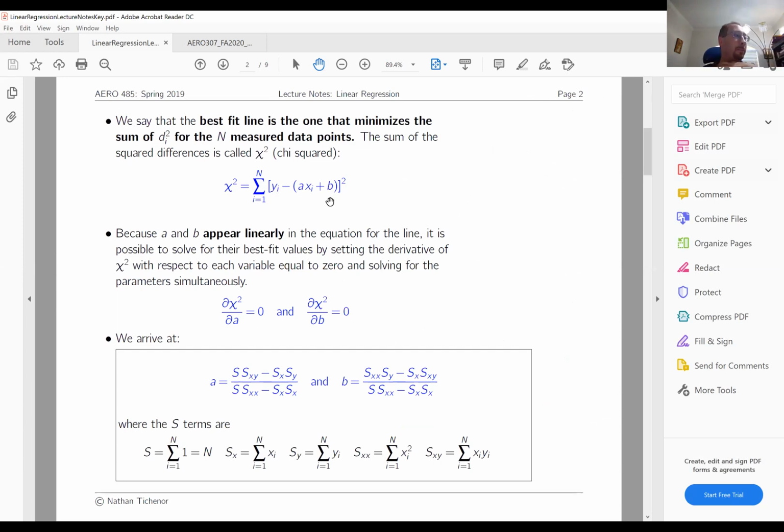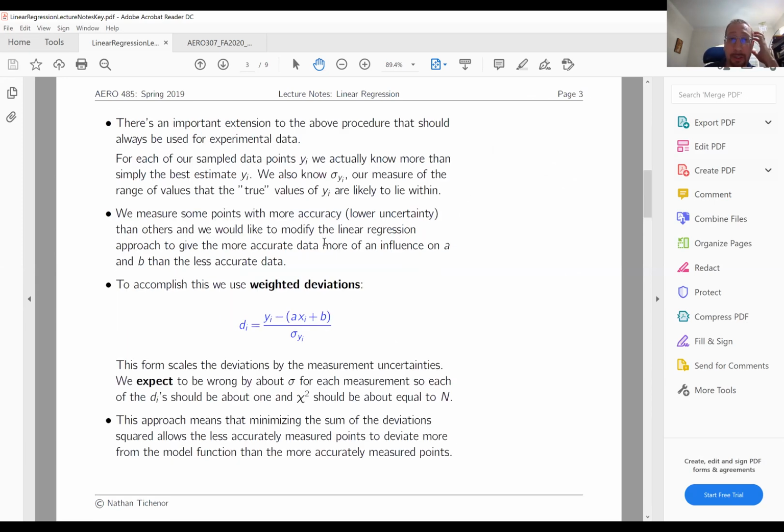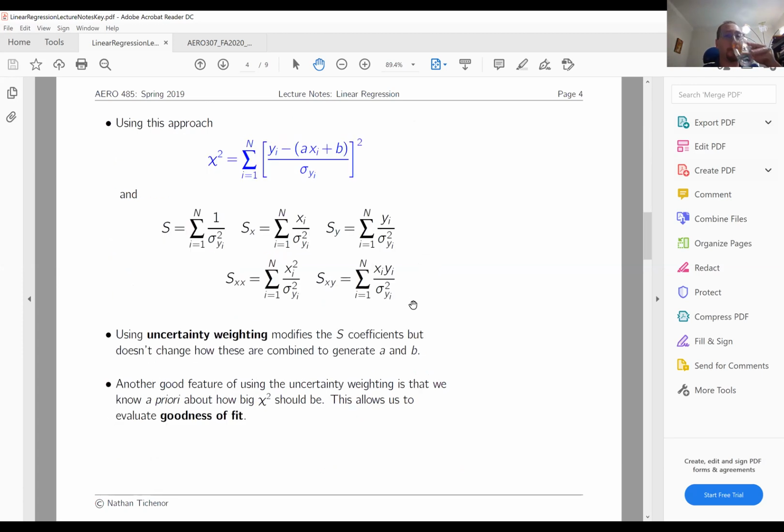But if we're more interested in a certain range of the data, and we want the error in that range to be less, we can give more weight to that range. All it changes is that it introduces this weight function. This weight function will be higher for places where you want to minimize the error.